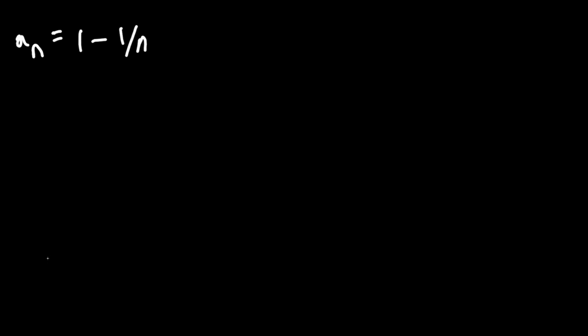So the first step is to determine monotonicity. Monotonicity is basically just saying it's always decreasing or it's always increasing.